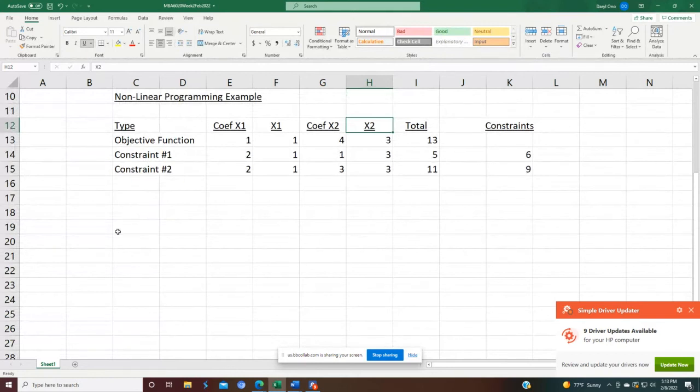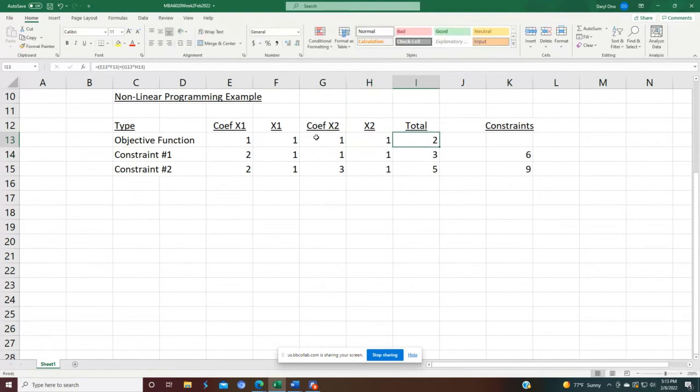Okay, so for the maximization, the coefficient for x1 is 1. For x2, it's 1. Okay, let's put this up as 1. So the formula here is going to be equal to, well, it's the same thing basically.